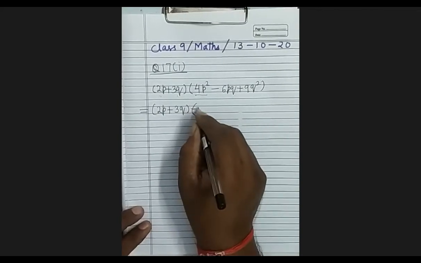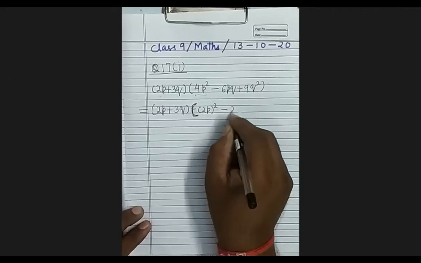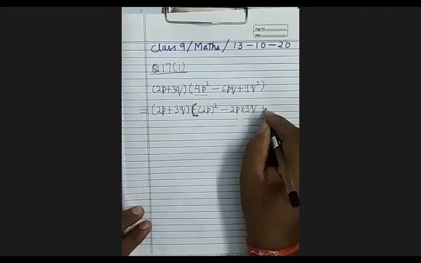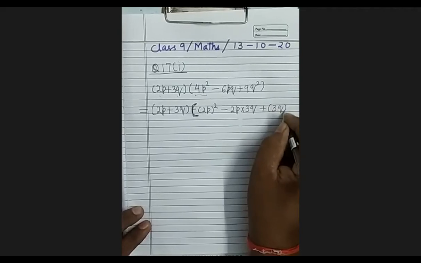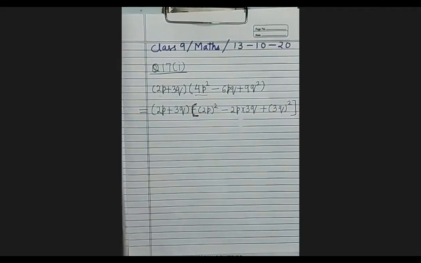In the other bracket, you can write 2p whole square minus 2p into 3q plus 3q whole square. It's clear? In the other bracket, you will get this. You have rearranged the term. Now there is one formula.